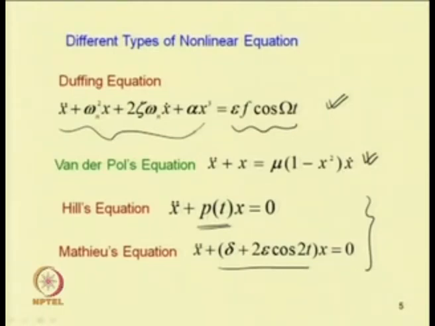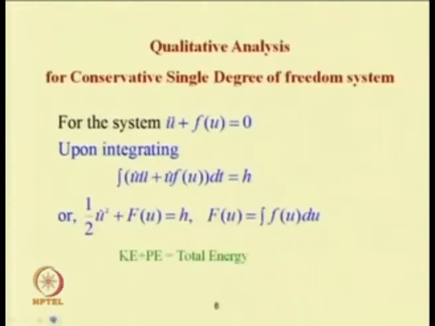So, in general we are now acquainted with these 4 different types of equations, in their forced vibration or free vibration form, and we know different methods to solve them.